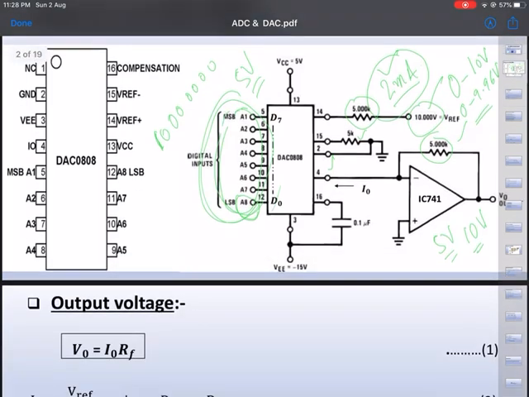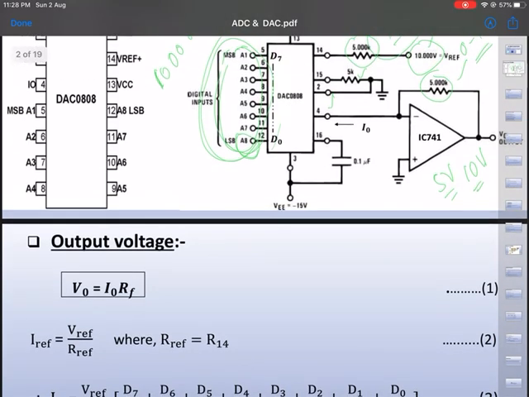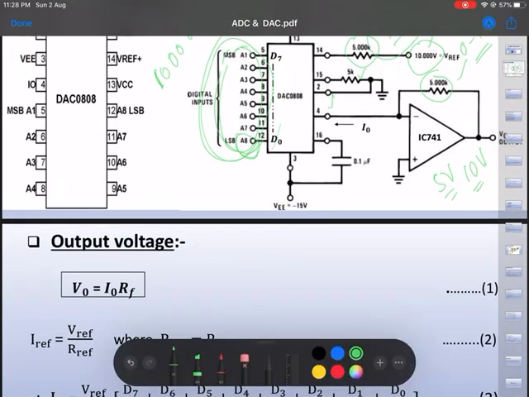Let us take very simple examples. You can clearly see, if I0 is the current entering the op-amp, or you can say sunk at pin number 4, then V0 is nothing but I0 into RF.